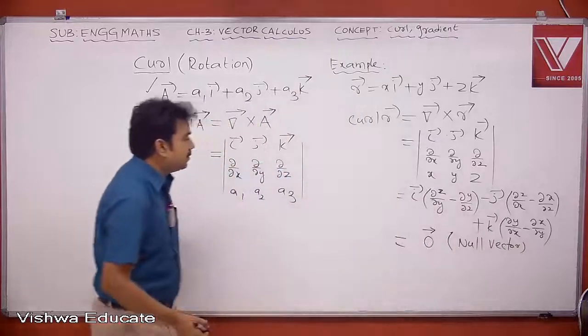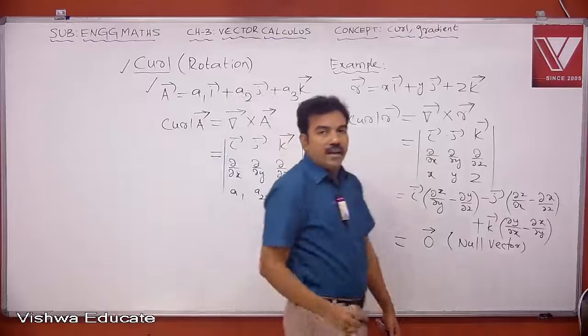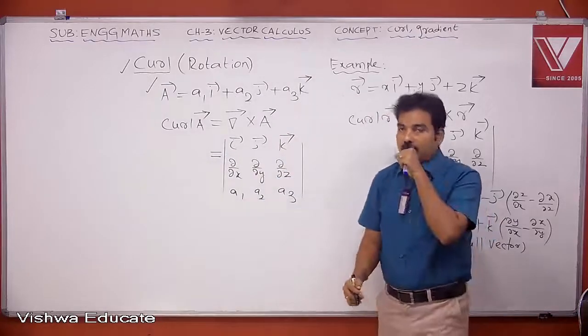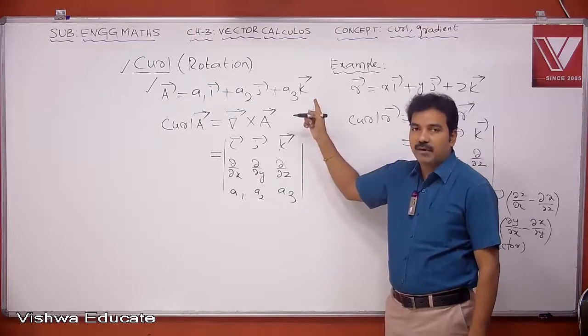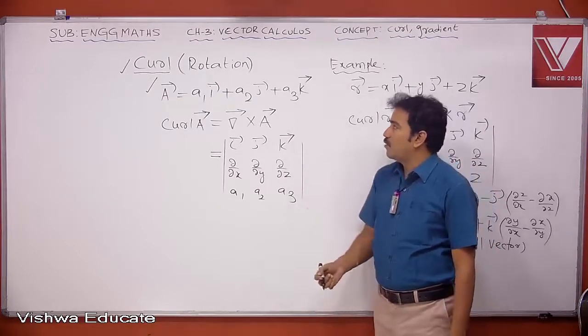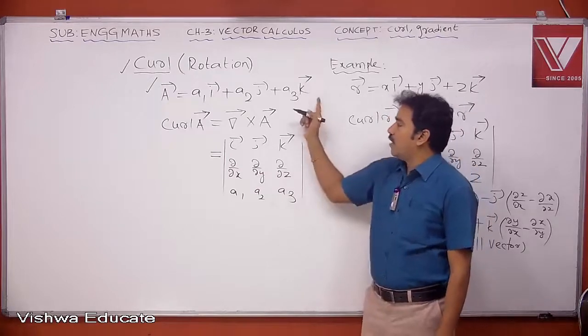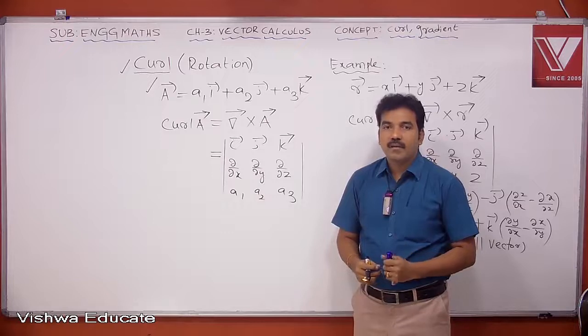Write the definition. Curl. Let a bar equal to a1 i bar plus a2 j bar plus a3 k bar be any vector.